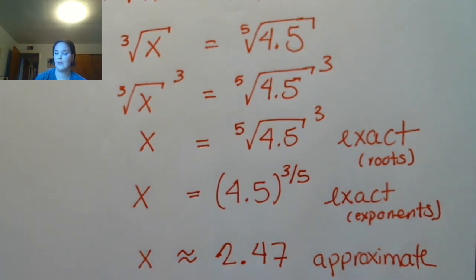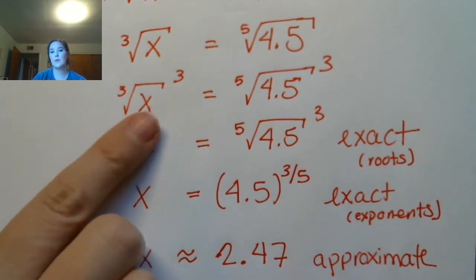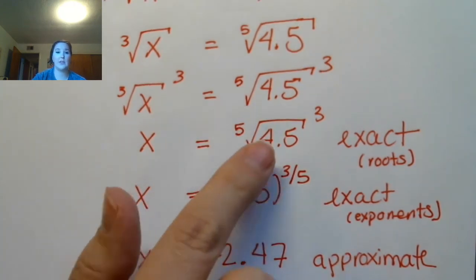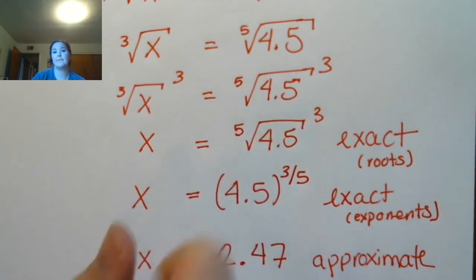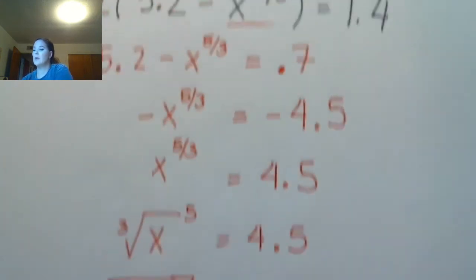So this is what you do if it doesn't come out evenly. You just leave the root like this, and then you leave the power like that. All right, let's look at one last example of this.